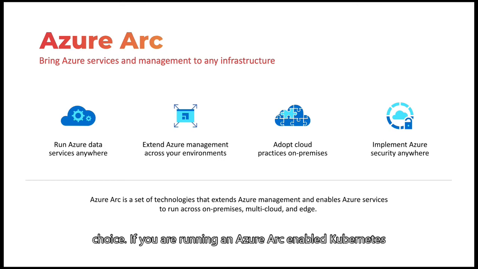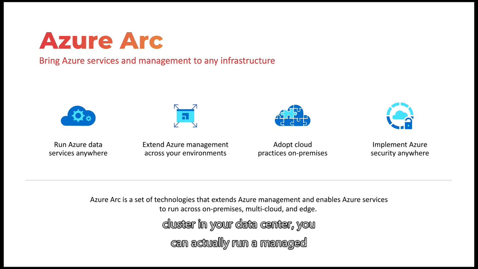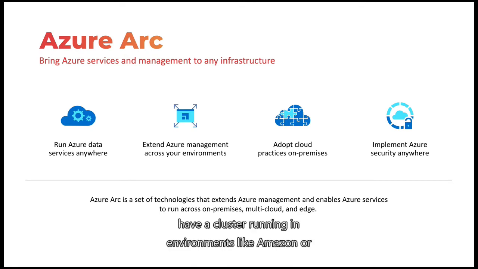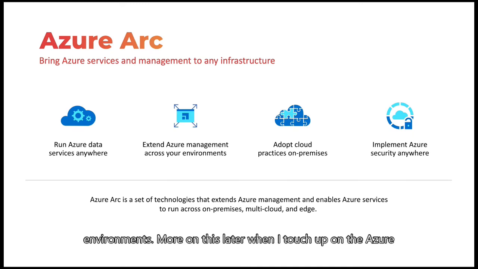If you are running an Azure Arc enabled Kubernetes cluster in your data center, you can actually run a managed SQL and managed Postgres within that environment. If you have a cluster running in environments like Amazon or Google, you can take Azure Data Services even to other cloud environments. More on this later when I touch upon the Azure Data Services building block of Arc.